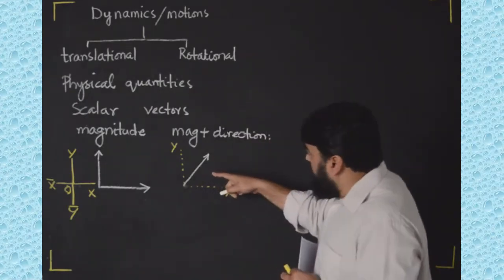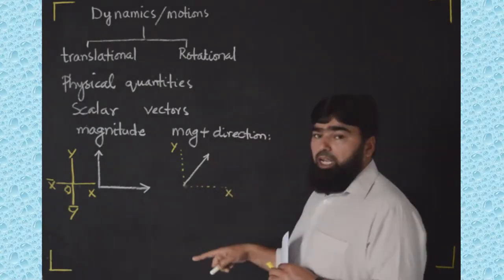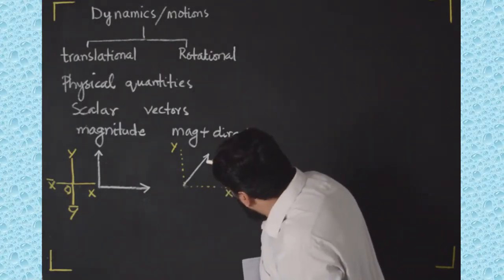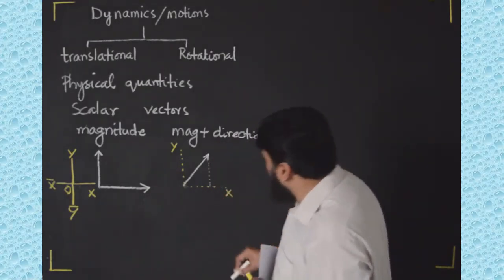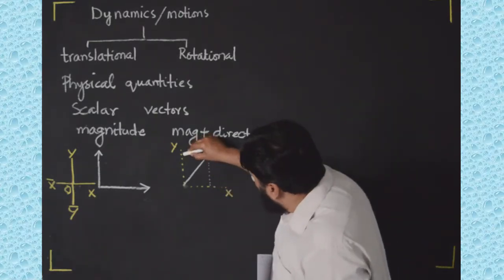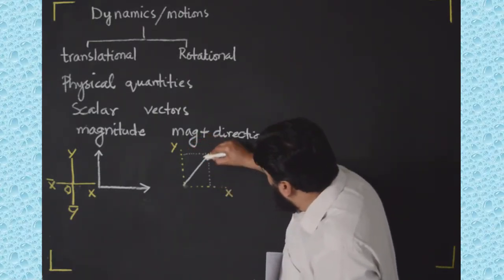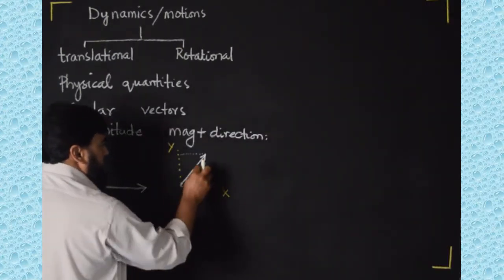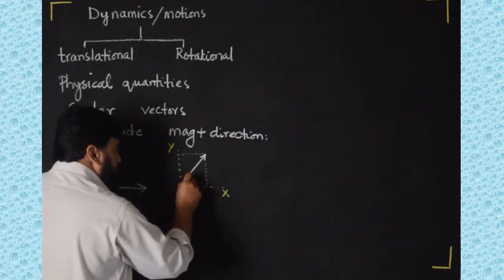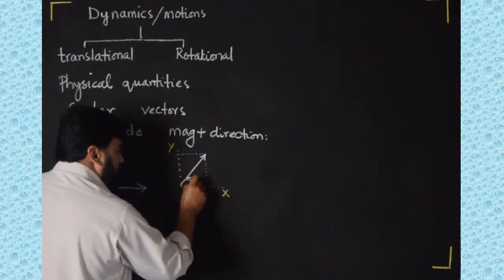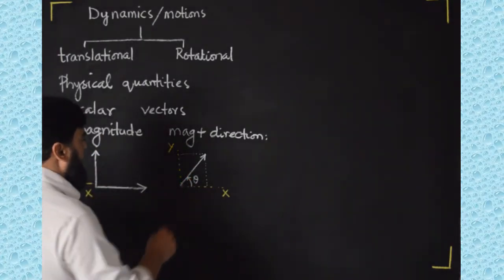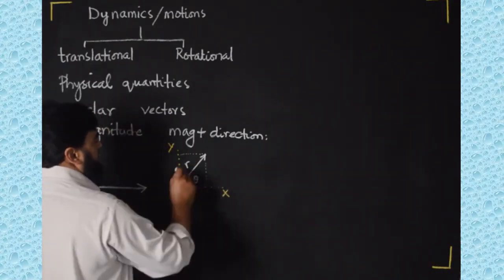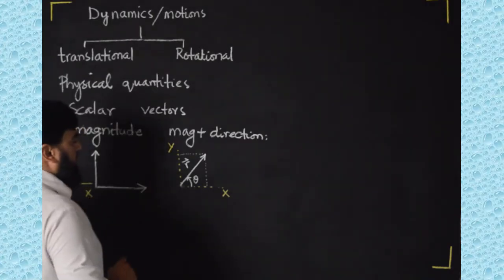So this vector I can now resolve into components, and this is the horizontal component of it, and this is the vertical component of it. Now let's consider that this is in the xy plane, let this make an angle, and that angle is theta. Let's say this is a vector, and I call this vector r.